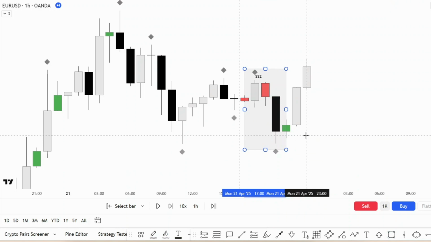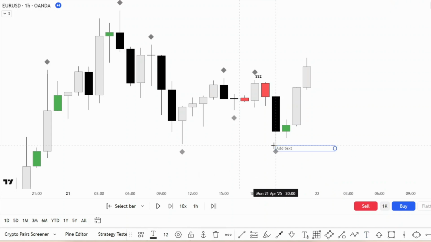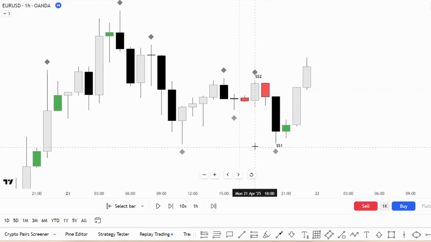Another one, which is a confirmation here, what do we have? We have sell stamp 1. I hope you understand why it's like that. It's simple.